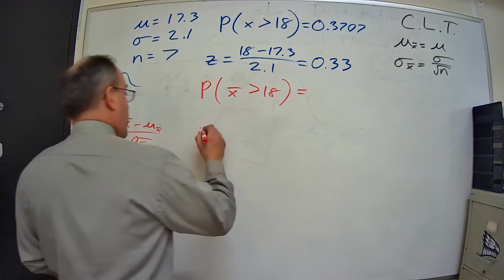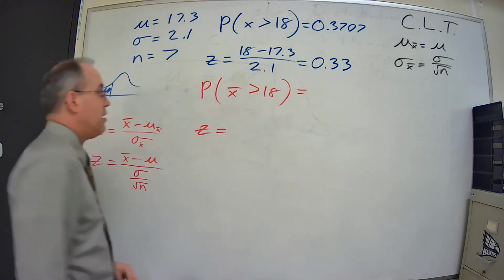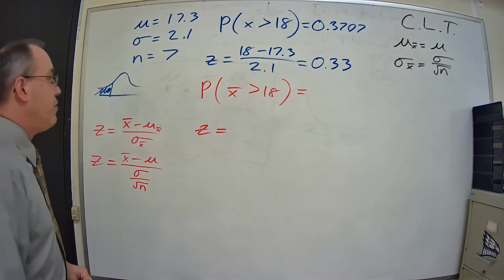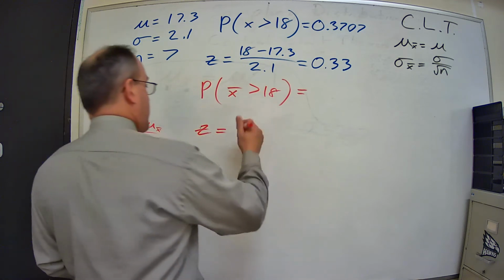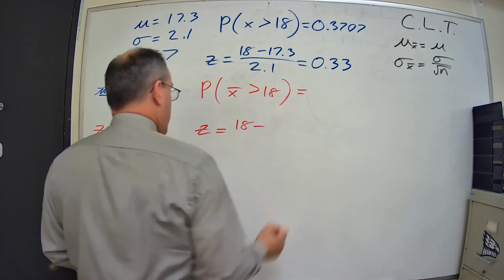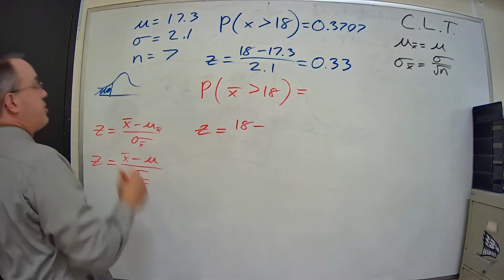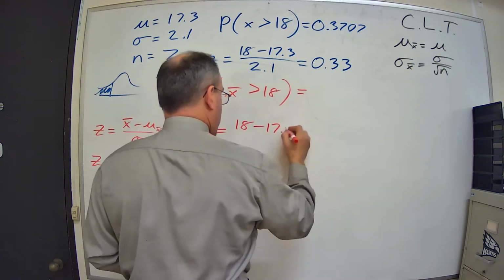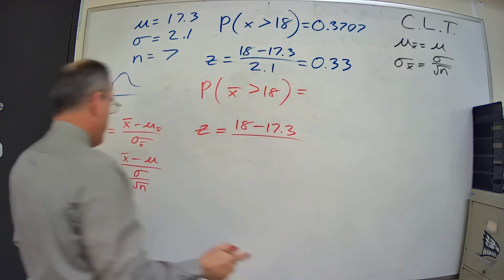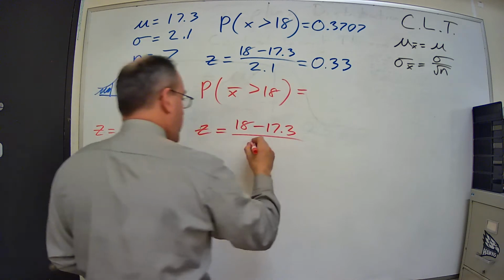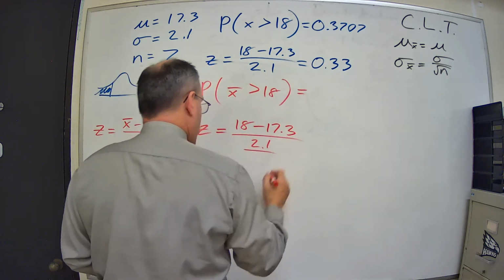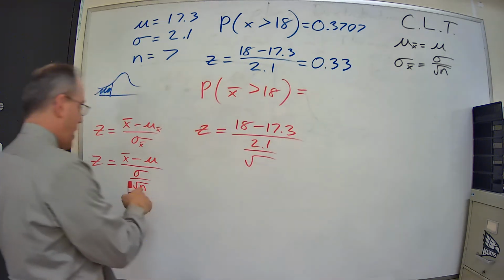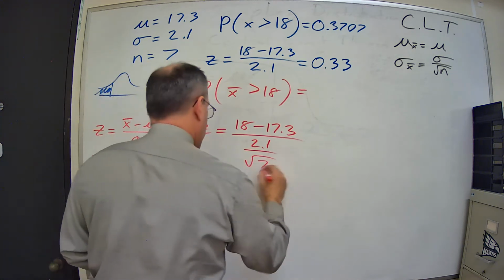So we can now find z. Z is equal to x bar, which is 18, minus mu, the population mean, 17.3, over sigma, which is 2.1, over the square root of n, which is 7.